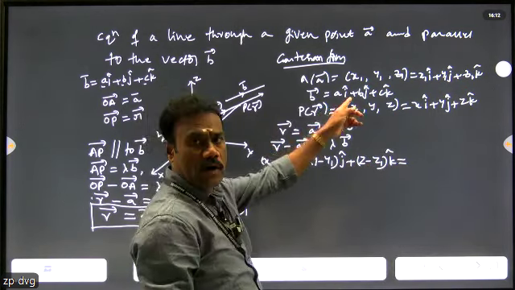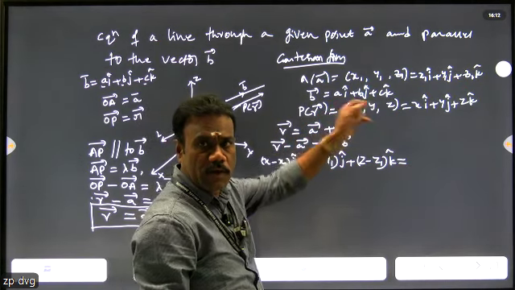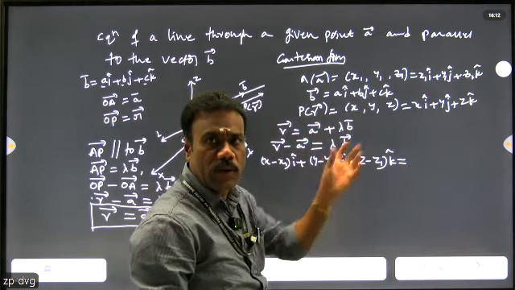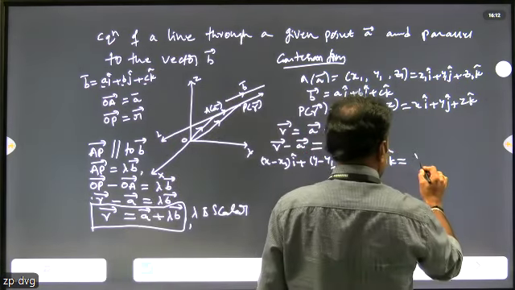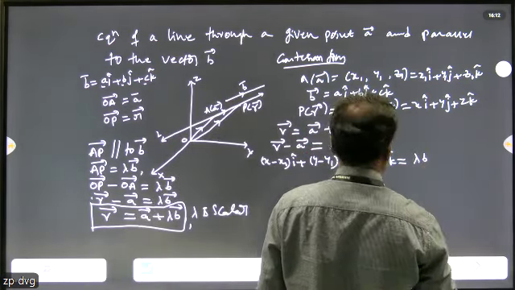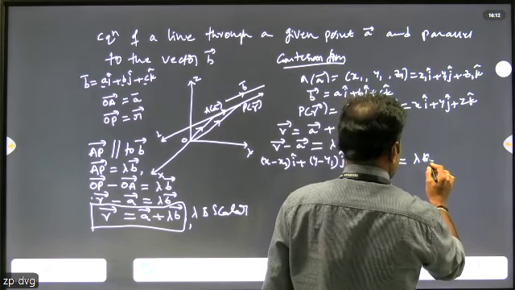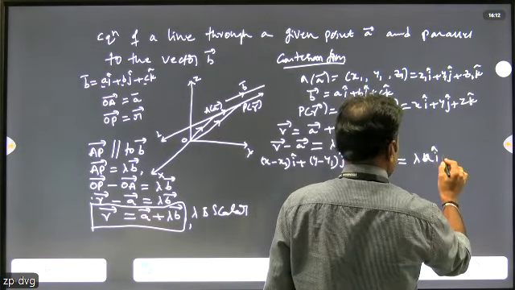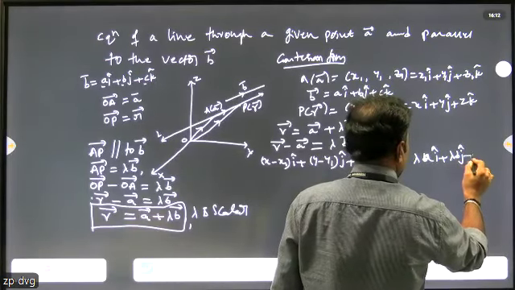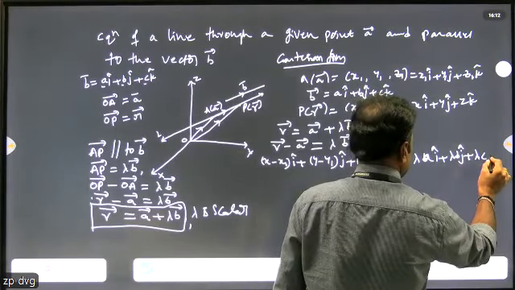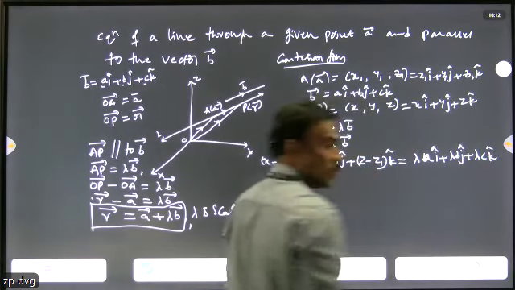You know the vector B bar is a i cap plus b j cap plus c k cap. Multiplying the vector by the scalar lambda, you get lambda a i cap plus lambda b j cap plus lambda c k cap.